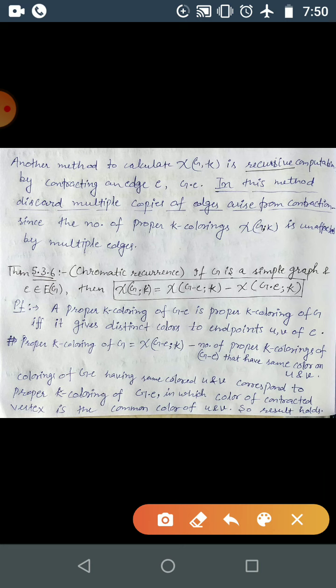A proper coloring of G minus E is a proper coloring of G if and only if it gives distinct colors to the endpoints of the edge E that we are removing.